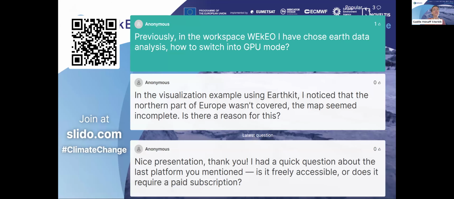This question: in the workspace, I have chosen Earth data analysis, how do I switch into GPU mode? You can switch by, maybe I can just quickly show it. Yeah, go ahead. It will be easier because I have the JupyterHub open.